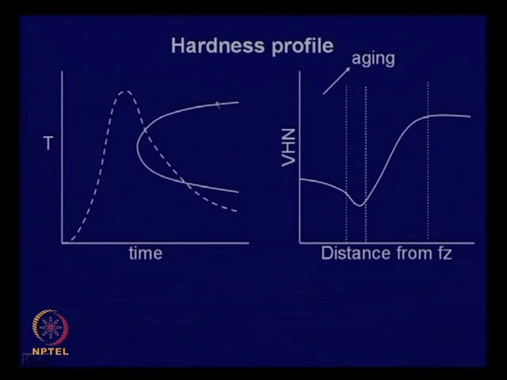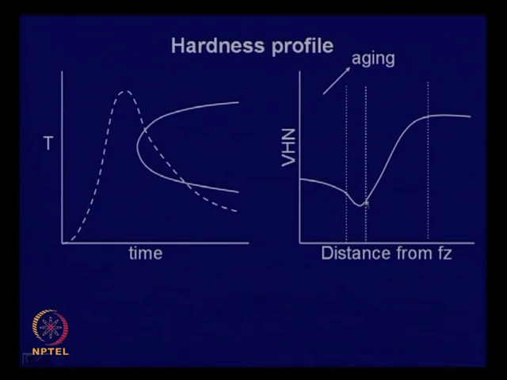So, here possibly the precipitates have dissolved, you have a supersaturated solid solution, and it is cooled fast. Depending on the cooling rate, if it is cooled very fast, you will get a supersaturated structure with lower hardness, whereas in some region which passes through this, you will have some precipitate. So, if you look at the aging graph, you may get a plot something like this.